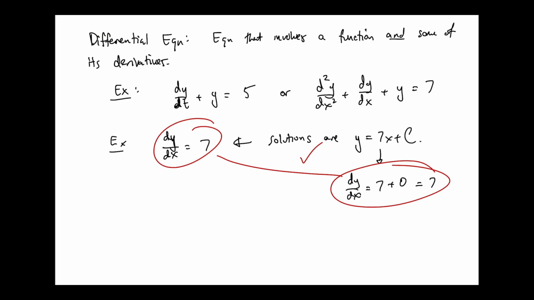Now another way we could have seen this would be to pretend for the moment that dy/dx is a fraction and cross-multiply. This is why we call them differential equations, because a dx or a dy by itself is called a differential, and this is an equation involving differentials.